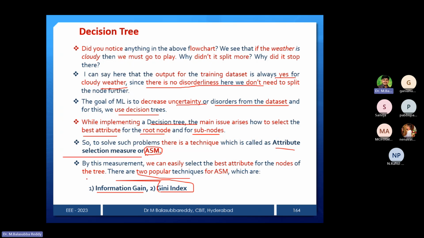These are the two classifications used to select the root node. These are the two things we are using to build a decision tree.